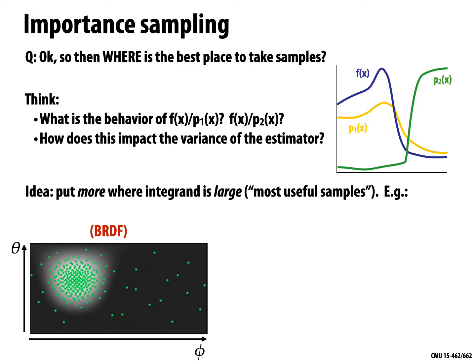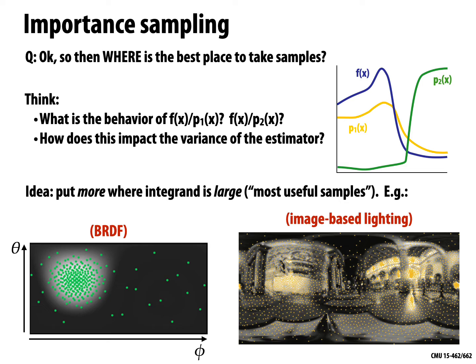So here, again, if we're trying to do this integral, I really shouldn't waste time putting a lot of samples where there's essentially no reflection occurring, where nothing is getting contributed to the integral. I should really try to lump all of my samples around this lobe of the BRDF where all the light is getting scattered out. Doesn't help me to add 0 to my estimate. It does help me to add these interesting non-zero values.